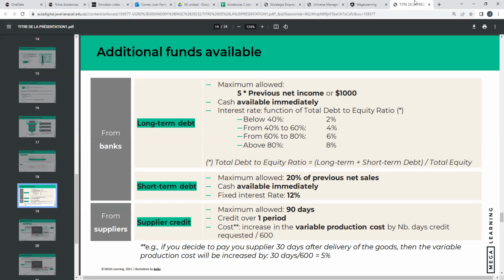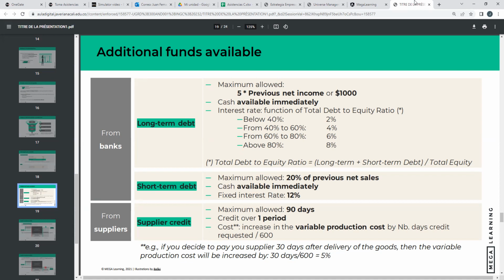It's the highest because when you go to the bank and ask for a short-term debt, it is because you are in a hurry, so the bank is going to take advantage of that situation and charge you a higher rate. This is also because there is more risk for the bank.